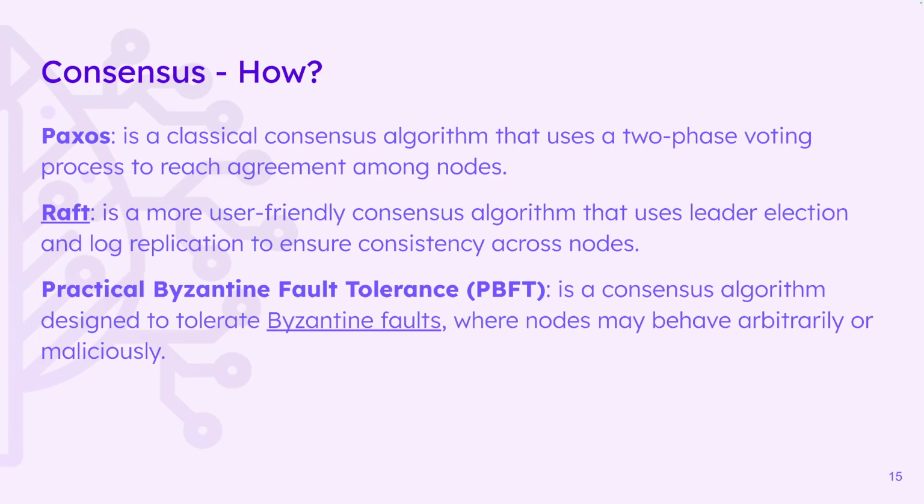Let's not go into the details there. Then there's Raft, which is more user-friendly. In fact, it was implemented because Paxos was too complex to understand. So it was mostly simpler to understand. And there is also practical Byzantine fault tolerance, which is mostly used for blockchains. We're not going to talk about that.